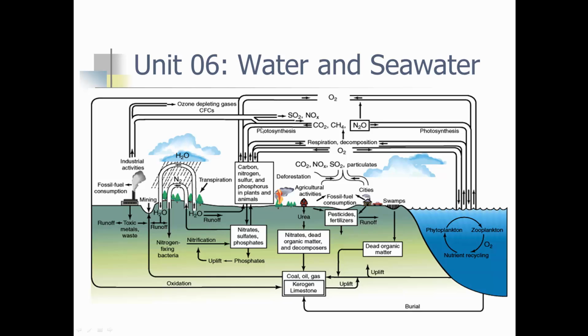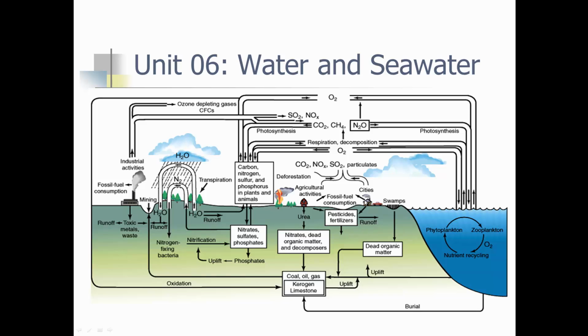Sulfur dioxide, photosynthesis, respiration, carbon dioxide, nitrous oxide, water, all these cycles going through. It's a very, very complicated cycle, but we've got things that go up and down, and if it goes up here, it probably goes down over here. These are the beautiful cycles on the planet.